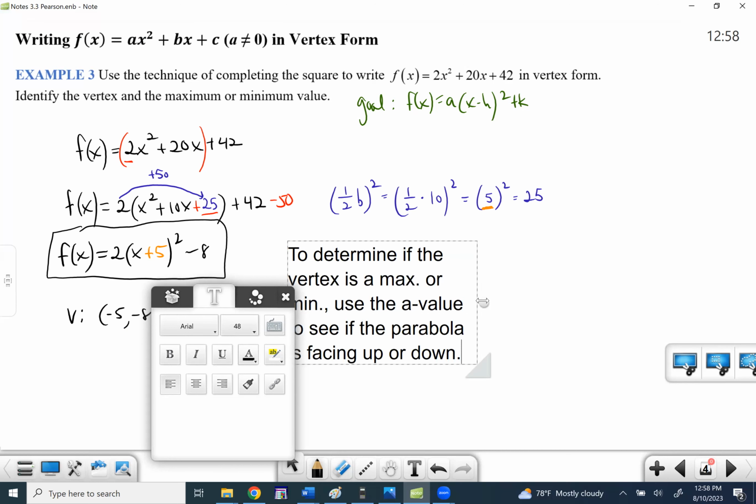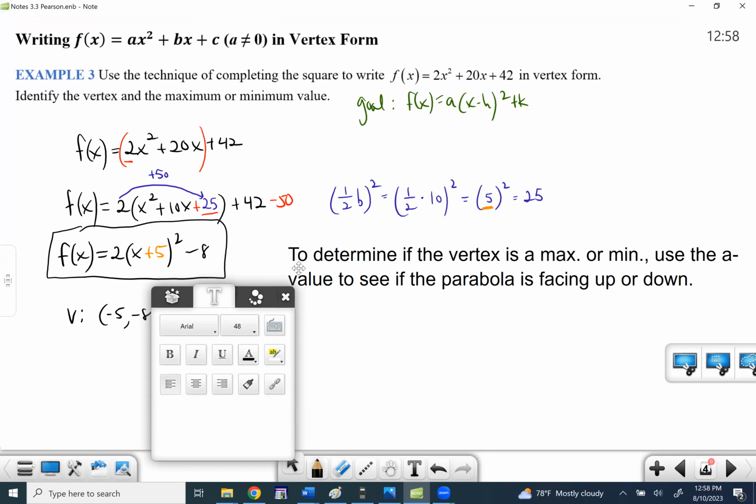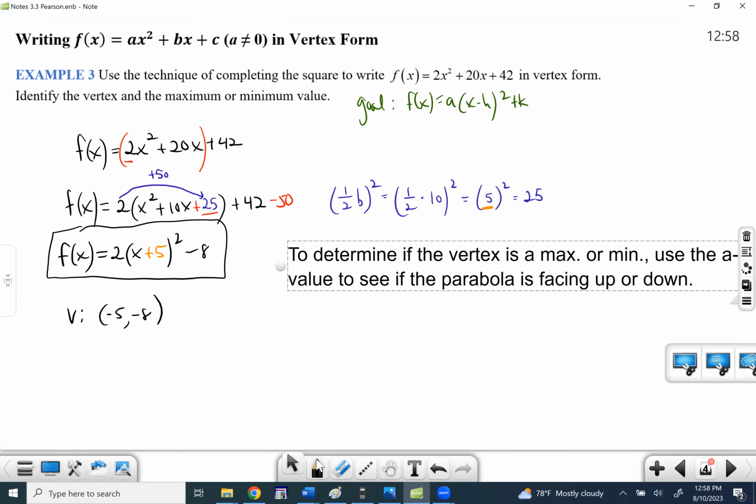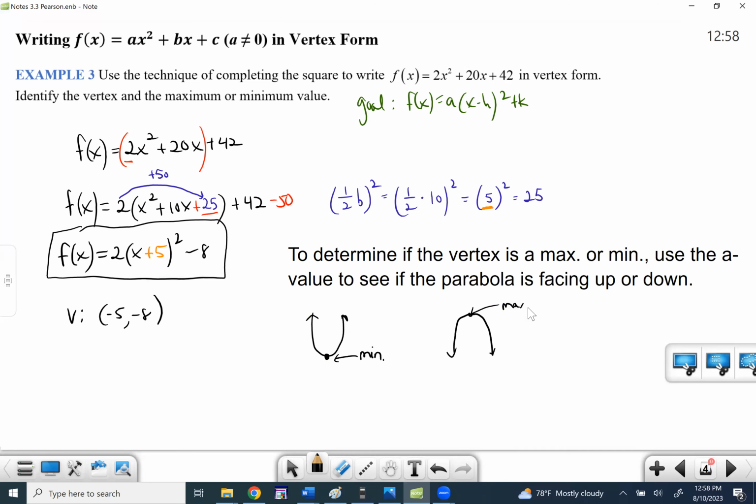So let's just get a picture going and kind of talk this out, okay? If a parabola is facing upwards, then its vertex will actually be a minimum. But if a parabola is facing downwards, then its vertex will be a max. A lot of people will see a negative out front and say, oh, it's a min.